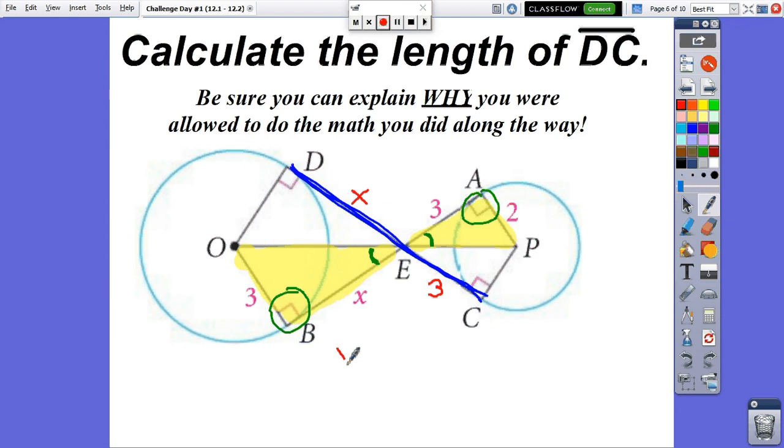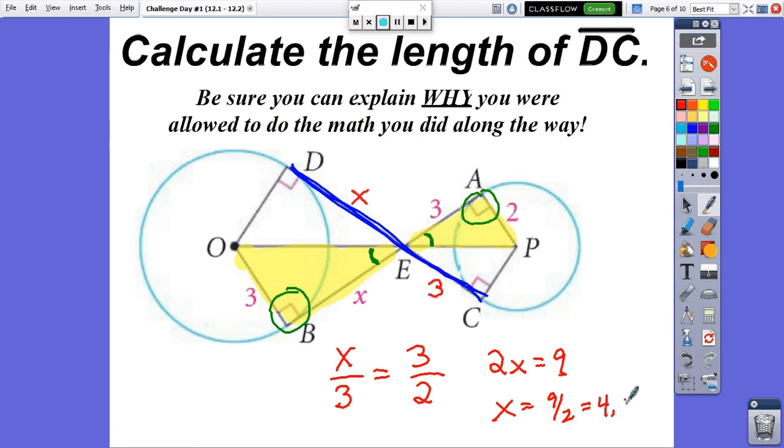So the x in this triangle is going to match up to the 3 in the smaller right triangle, and that'll be equal to the 3 over here, the radius of the bigger circle, over the radius of the smaller circle, 2. So now cross multiply, and x is 9/2, or 4.5, however you want to give it.